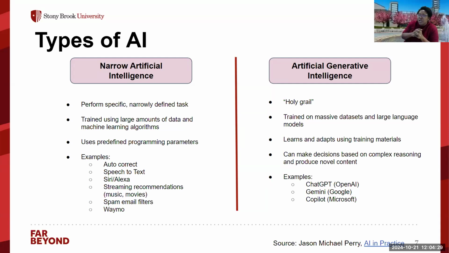It can make decisions based on complex reasoning, and it's constantly producing new, novel content. Three of the most popular platforms are OpenAI's ChatGPT, Google's Gemini, and Microsoft's Copilot. Everyone kind of has a platform that they prefer. It's kind of like Samsung and Apple, Droid versus Apple. But you tend to find one that you like and that you tend to work on more. So for me and for a lot of this presentation, it will be ChatGPT, OpenAI.